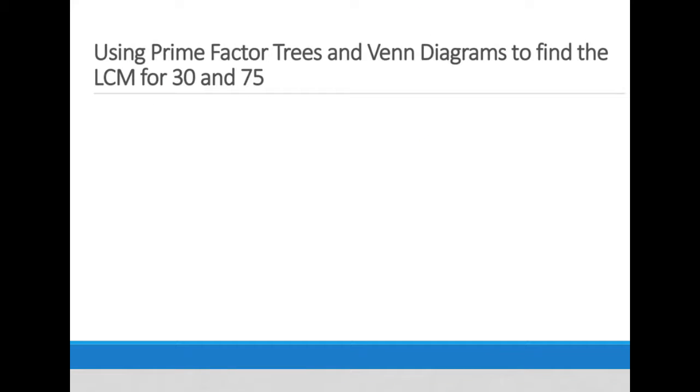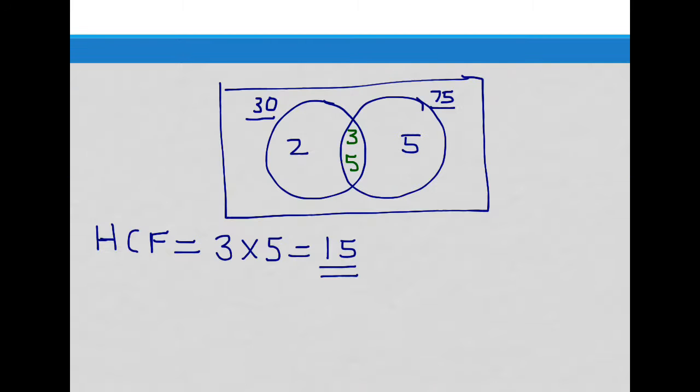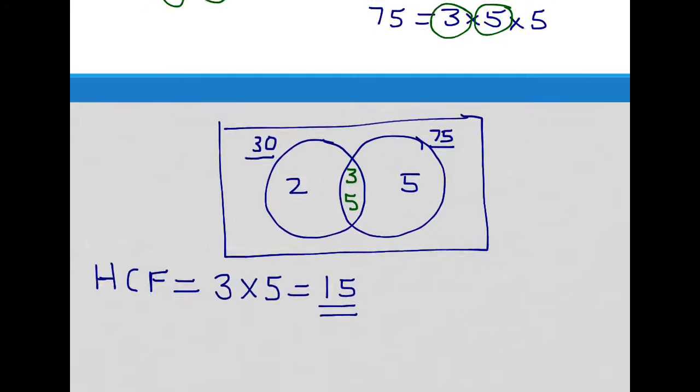So I'm asked here, using prime factor trees and Venn diagrams, to find the lowest common multiple for 30 and 75. But I've seen a question really similar to this before. I want to take you back to where we started at the beginning of this lesson, to here.